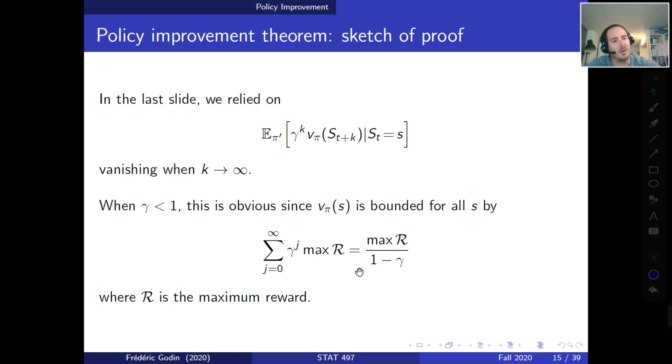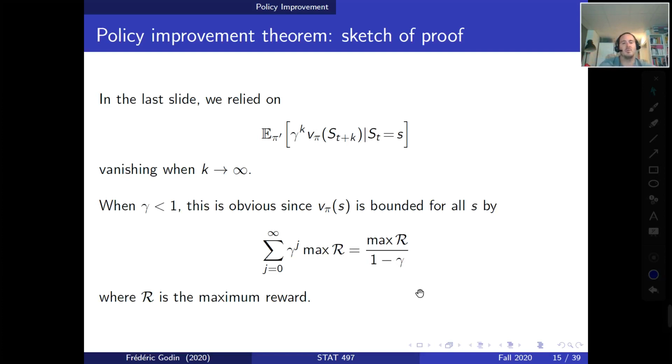So the sum of future discounted rewards is bounded by the sum of future maximum rewards, which is a geometric series: the maximum of the reward divided by 1 minus gamma. And gamma is smaller than 1, so this is different than 0.